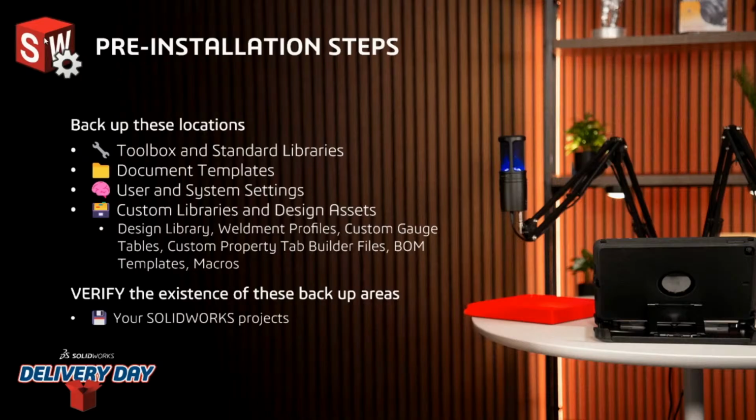But your toolbox and libraries, that's really the obvious one. A lot of work can go into customizing a toolbox for a company, so you certainly don't want to be losing that data or having to recreate it if you've got it tweaked just the way you like it. So that's appropriately first on this list. With Toolbox and several of these, really what it comes down to is you're basically just copying and pasting.